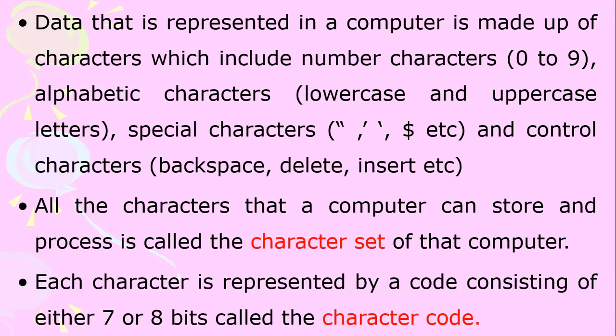Each character is represented by a code consisting of either 7 or 8 bits called the character code. But the most common one is the 8 bits, which are equal to a byte.